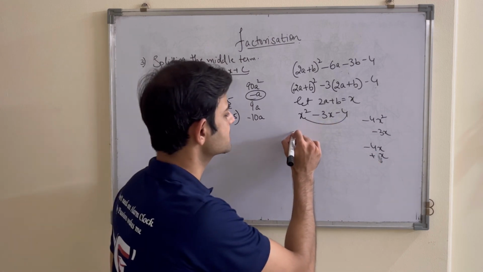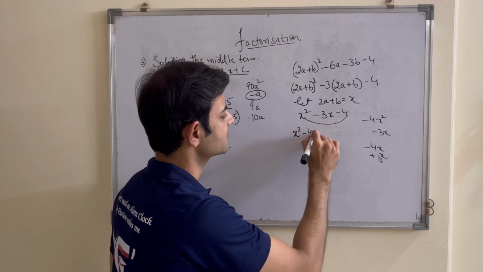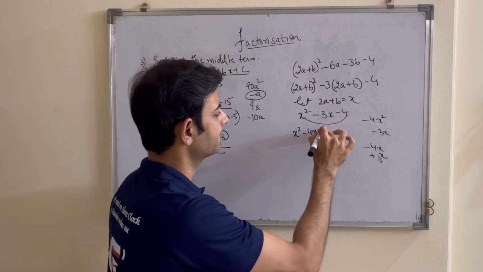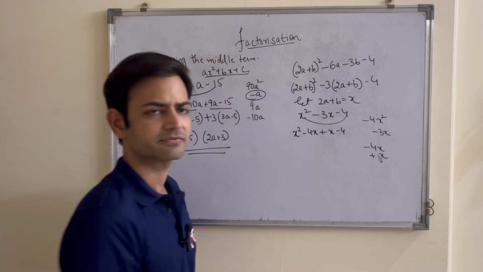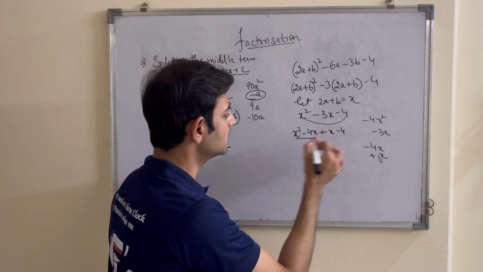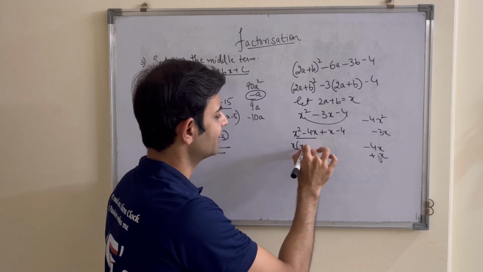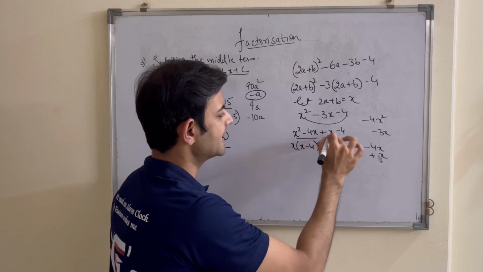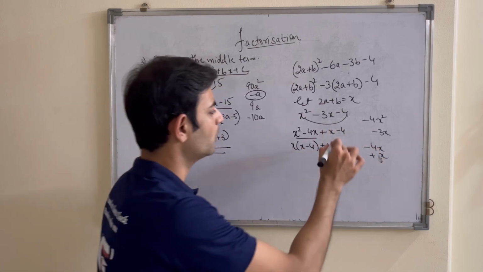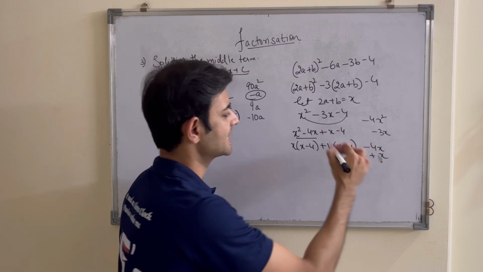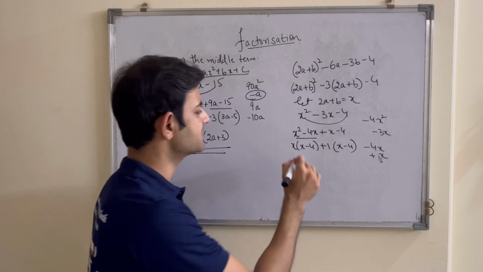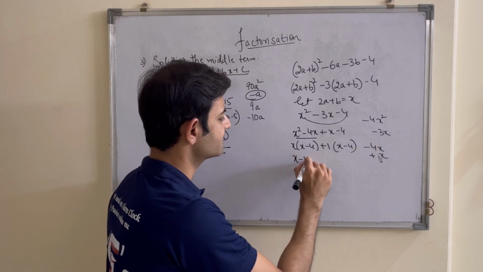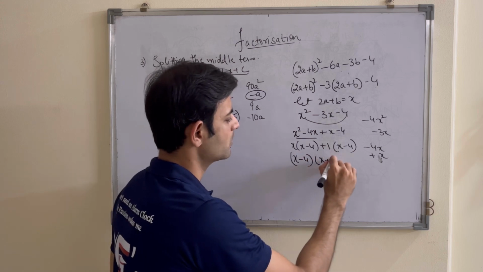So I write x square minus 4x plus x minus 4. From the first two terms, I can take x common, so I am left with x minus 4. In the second two terms, there is nothing common, so I'll just take 1 and the rest as it is. My both brackets have come same, so it is x minus 4 into x plus 1.